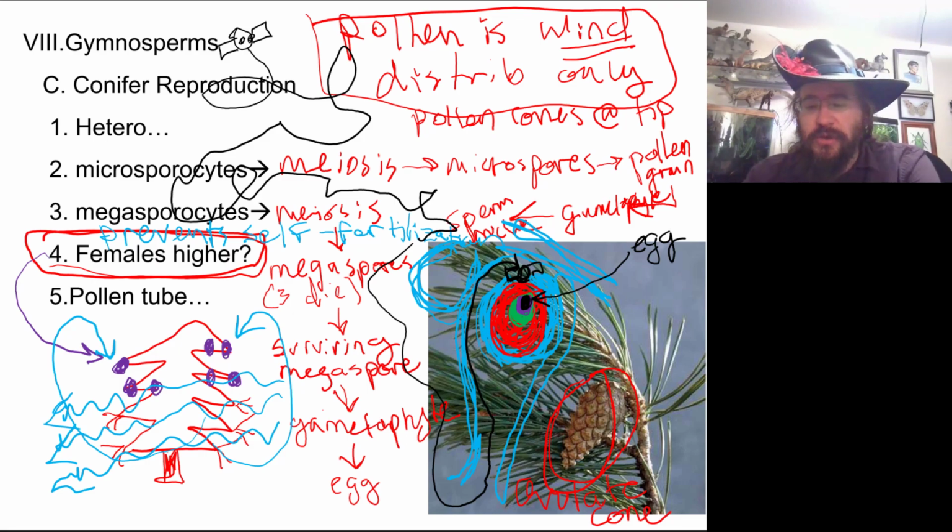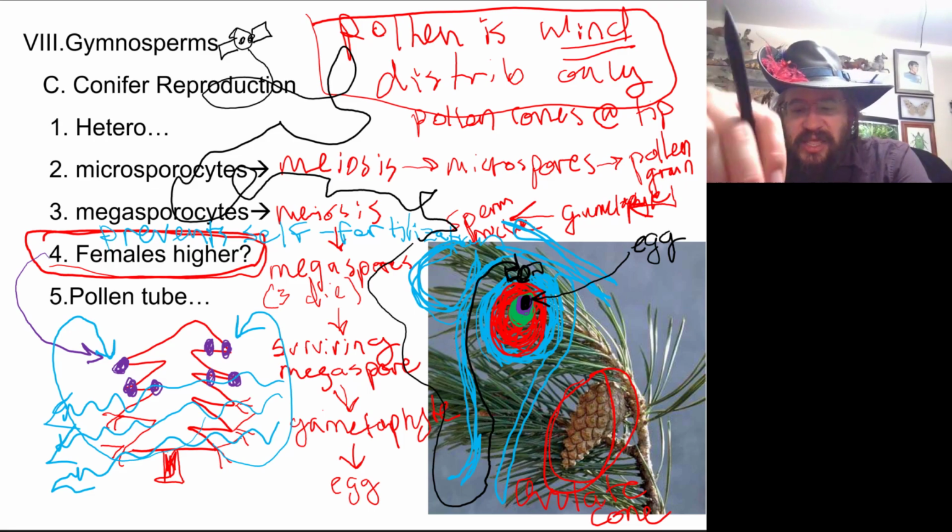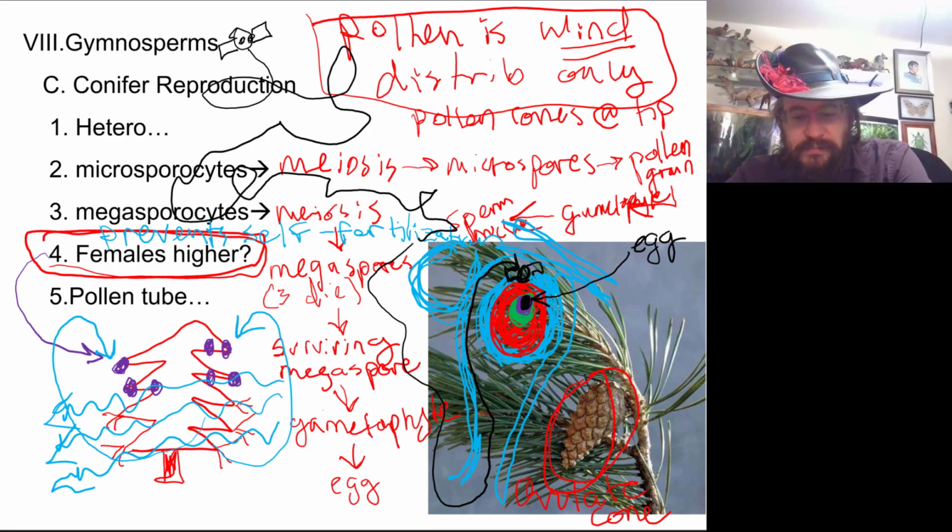Anyway, so the pollen tube is what allows us to connect. The tip of the tube releases digestive enzymes and literally digests gametophyte tissues. It digests all those tissue layers until it actually reaches the archegonium.